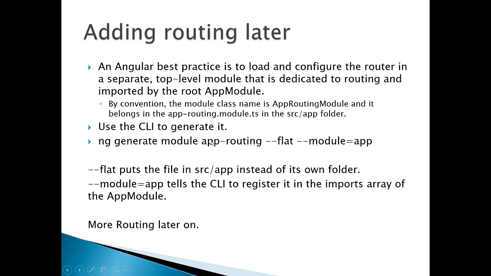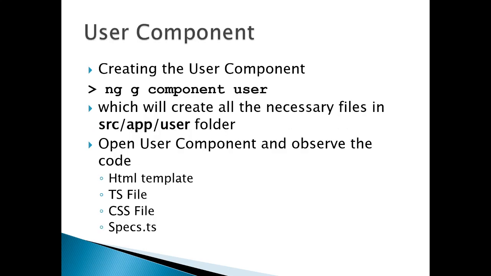It will create a new routing file if you couldn't create it at the start of the application, when it was asking you to create a routing file. So we have created a new component, and we have seen it has created four files: the html template file, ts file, css file, and spec.ts file. Every component will contain these four files.